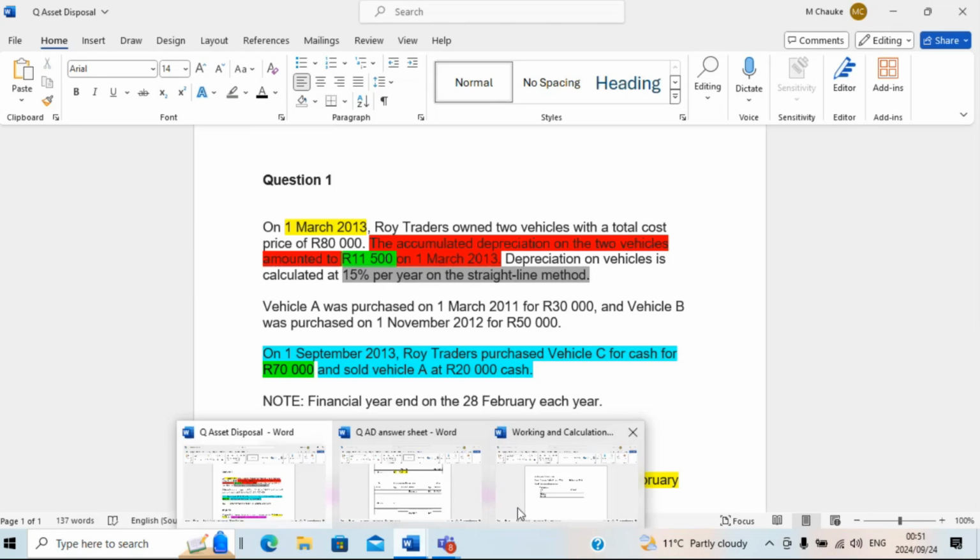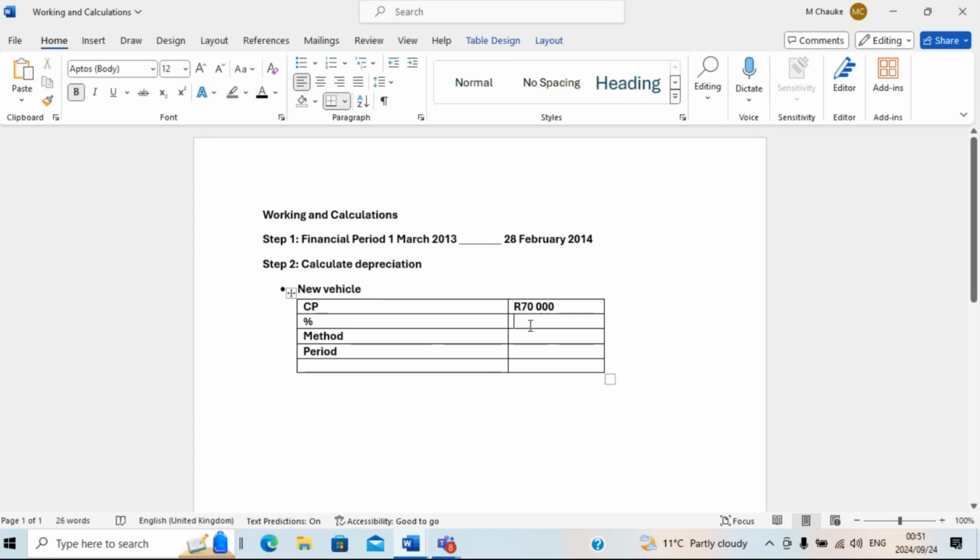So we go to this side of our workings. We're going to say it is 15%, and the method is the straight line method. The other name for this method is the cost price method. So straight line method or cost price method.